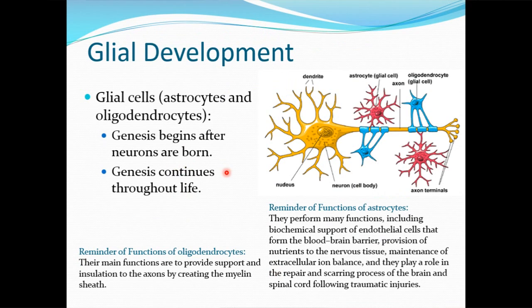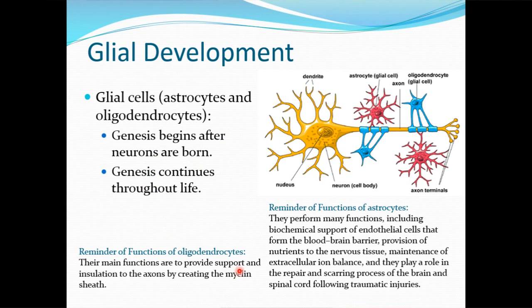All right. So let's look at glial development. We've looked at synapses. Let's look at those glial cells. Now, glial cells, such as astrocytes and oligodendrocytes, although we know we get many other types of glial cells, their genesis begins after the neurons are born, and their genesis continues throughout life.